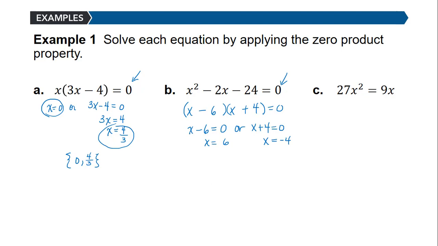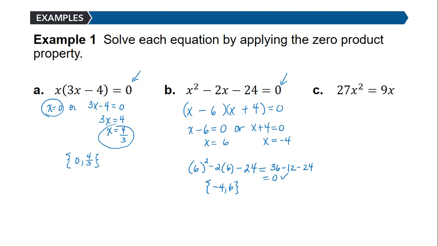If I plug in the 6 in place of x, I can get a true statement. 6 squared minus 2 times 6 minus 24 is 36 minus 12 minus 24, which is 24 minus 24, or 0. So that does check in the equation. In a similar fashion, we can plug in negative 4 to see that that's true as well. Our solution set then is written in set brackets: negative 4, comma 6.